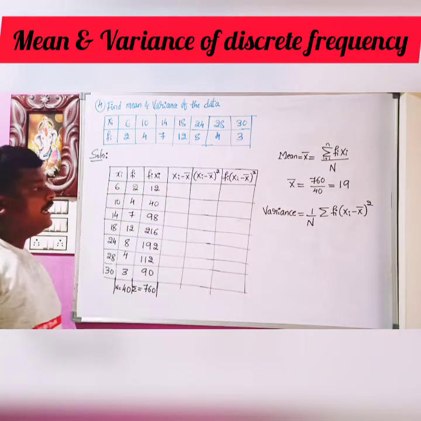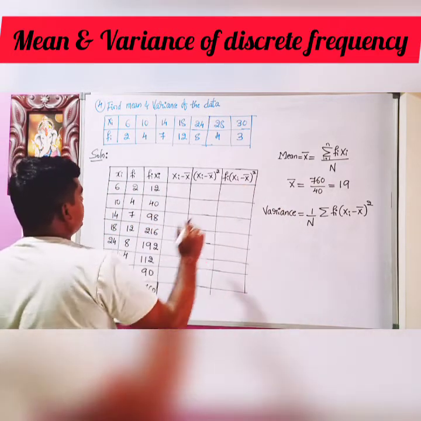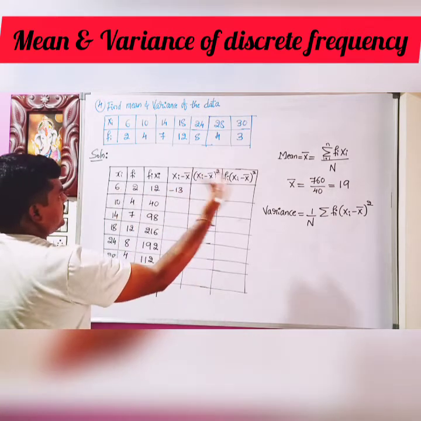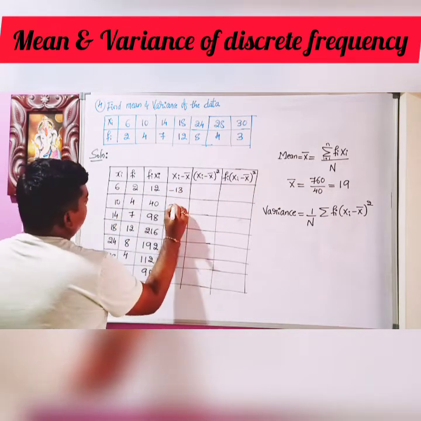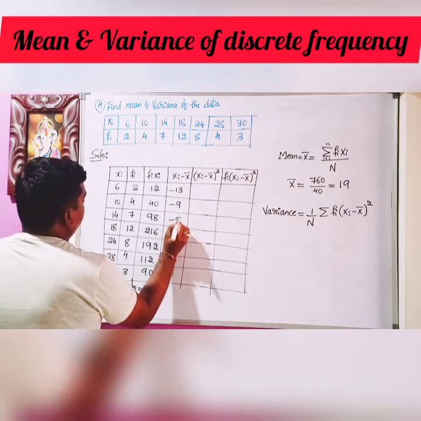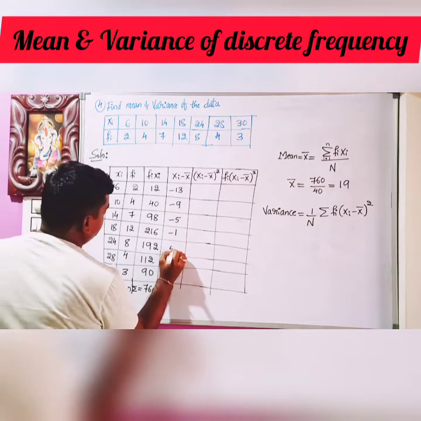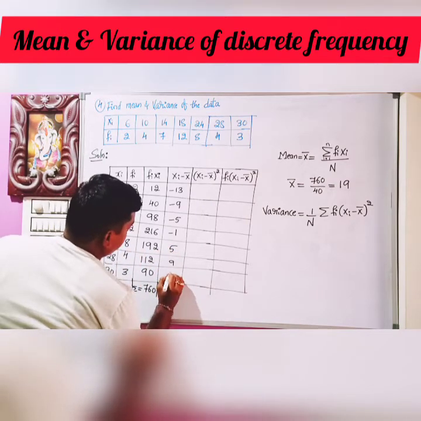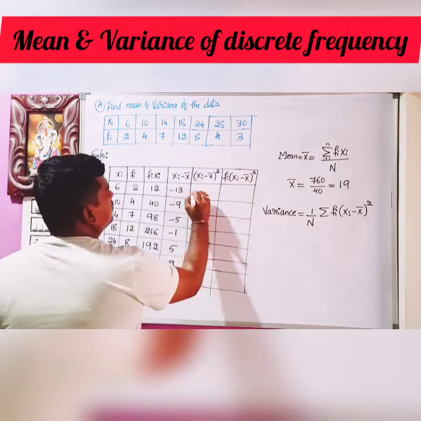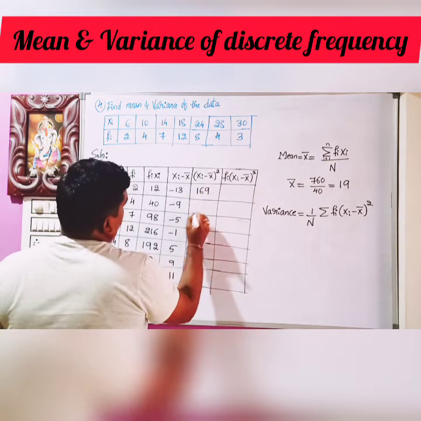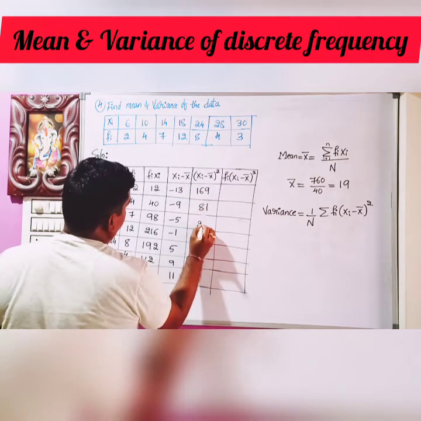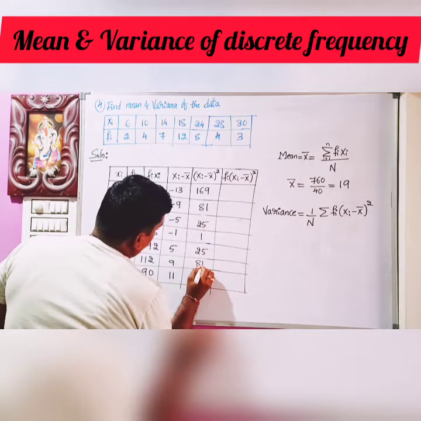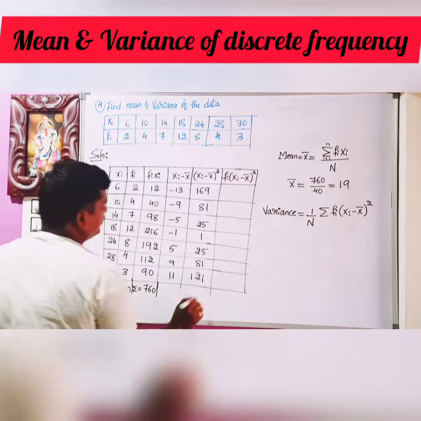Xi minus x bar: xi is the corresponding value minus 19, so minus 13, minus 9, minus 5, minus 1, 5, 9, this is 11. Square it: 169, 81, 25, 1, 25, 81, 121, the square of 11.